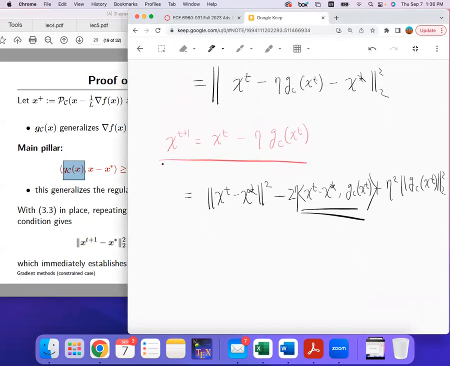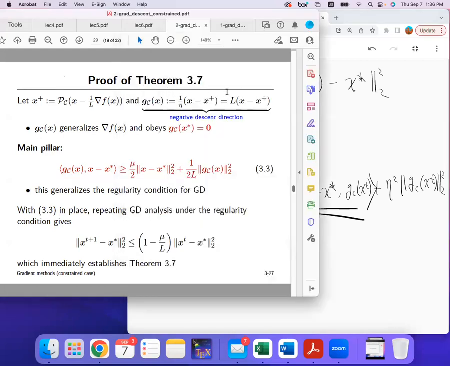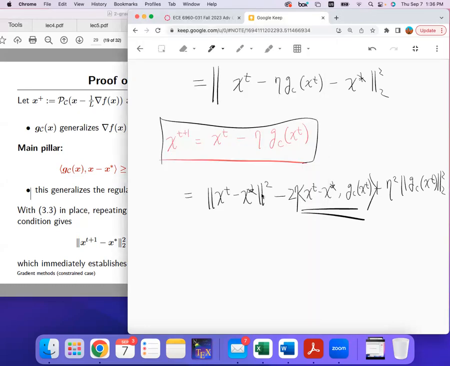Because the projected gradient descent can be rewritten in a gradient descent form. This is like a gradient descent update, but GC here is defined by this definition. Well, x plus is defined in this way.